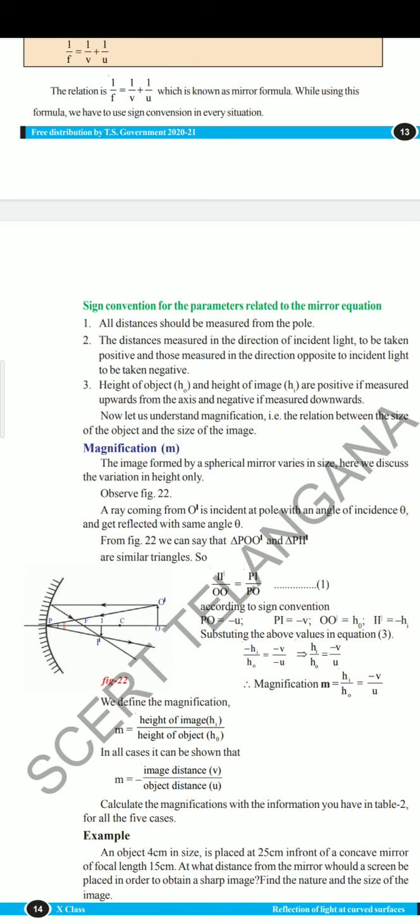Therefore, magnification m is equal to hi by h0 equal to minus v by u. We define the magnification m as height of the image by height of the object. In all cases, it can be shown that m is equal to minus image distance v by object distance u.